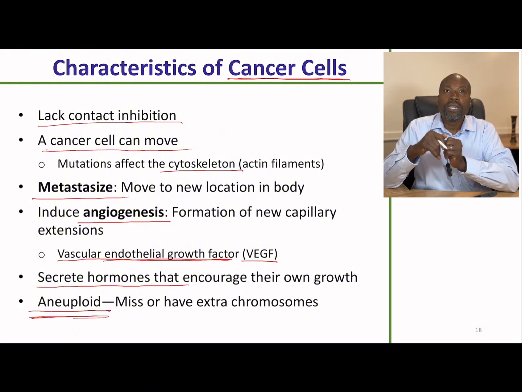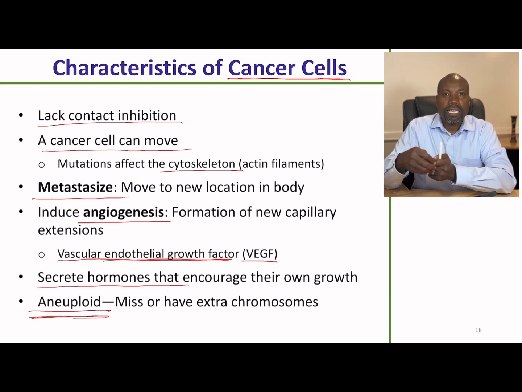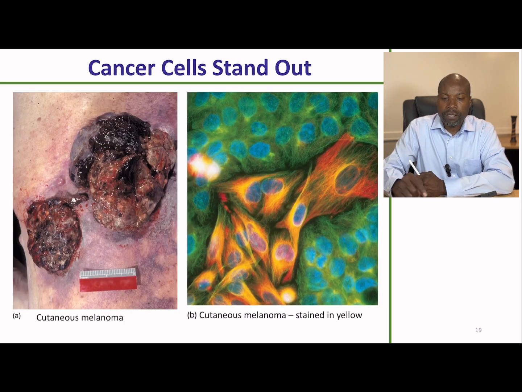I'm going to show this to you when we actually look into the evolution of cancer. And you are going to see that even in one person, we can have multiple cancer cells that are different from each other genetically and based on the amount of genetic information.